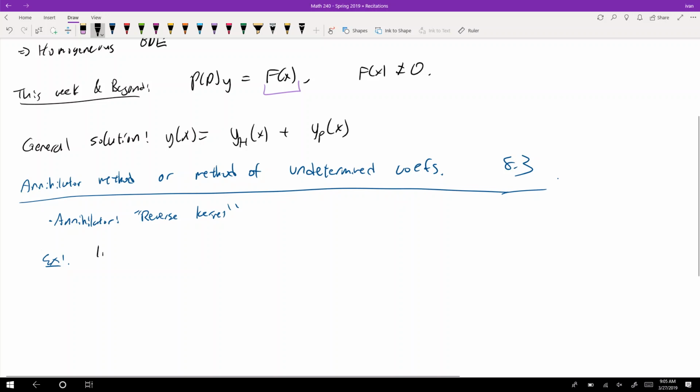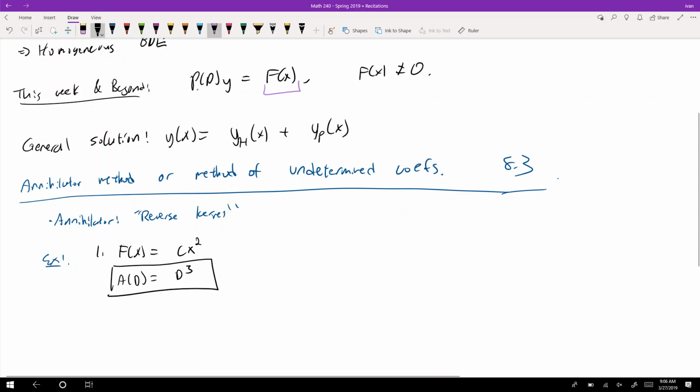Number one, let's say f of x is equal to cx squared. All right, so what is going to kill cx squared? So let's say cx squared is in your kernel. What operator kills it? I'm going to claim that the annihilator A of D equal to D cubed is going to be the annihilator that kills this f of x.